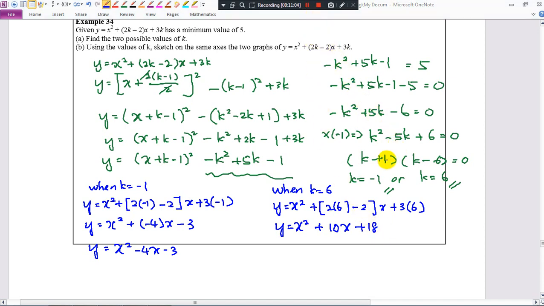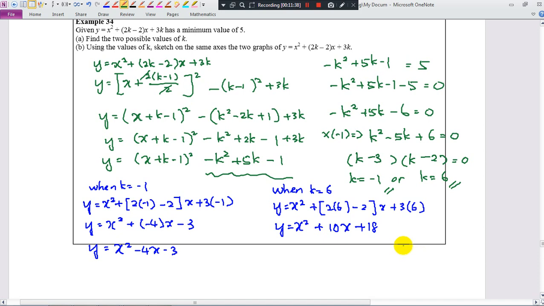Oh, sorry, I made a mistake here. This factorization is not correct. Let me redo it again. Here should be k. So I want to get positive 6. Here's 2, this is 3. This is the correct one. Let me check using a calculator: 1, negative 5, 6, 3 and 2.